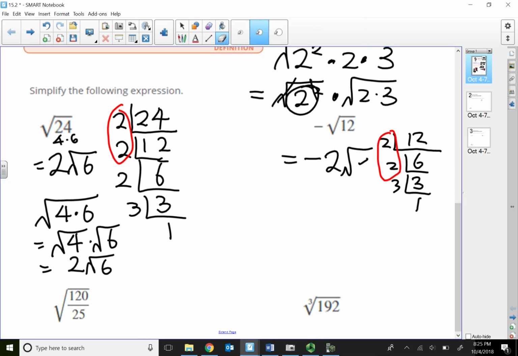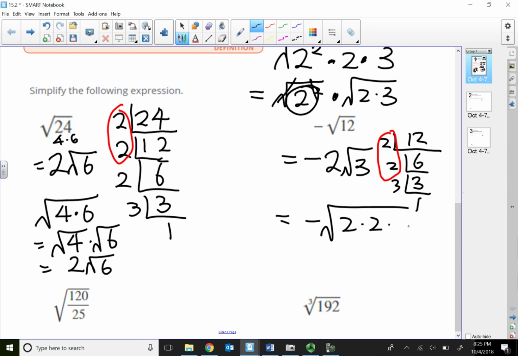So what do I mean by inside and outside? Technically the 2 times 2 times 3 is all inside the radical. It takes two to go outside because these two 2's together become 2 squared. So the square and square root cancel out, and this 2 will be outside.